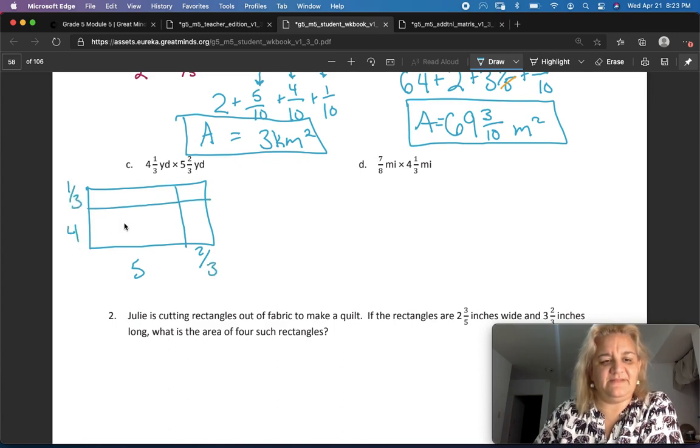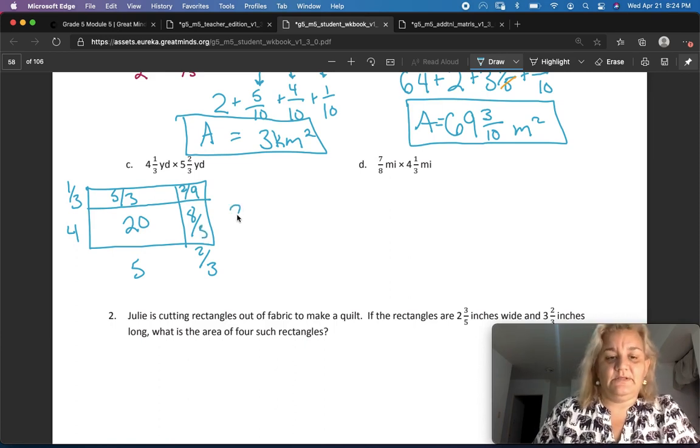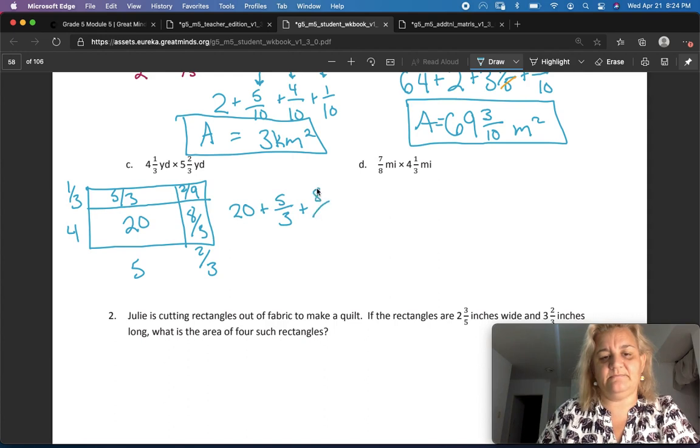So 4 times 5 is 20. 1/3 times 5 is 5/3. 4 times 2/3 is 8/3. And then 1/3 times 2/3 is 2/9. So I've got 20 plus 5/3 plus 8/3 plus 2/9.